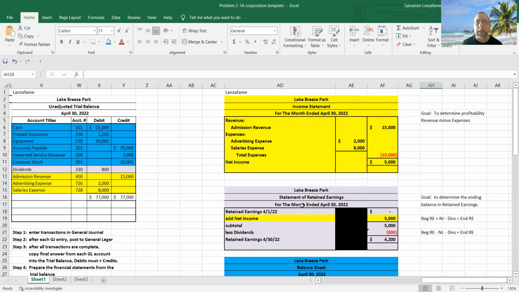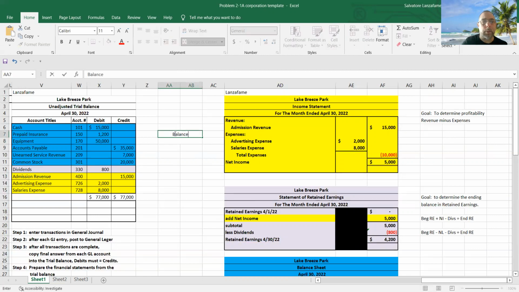But the income statement and retained earnings statement tell a story, whereas the trial balance and the balance sheet don't tell a story. They just say, hey, on this date, these are my balances. So that's kind of the why behind it. But if that doesn't work for you, here's an easy way to remember. This is totally unofficial, just a memory technique.